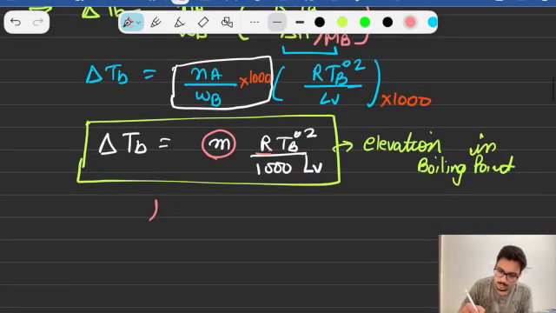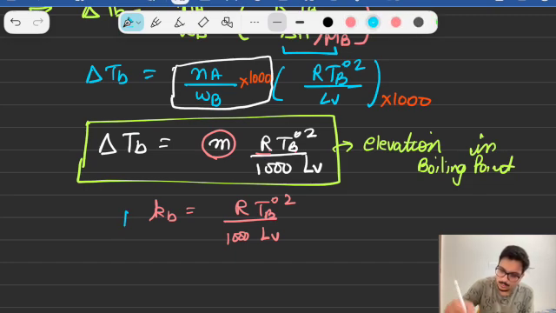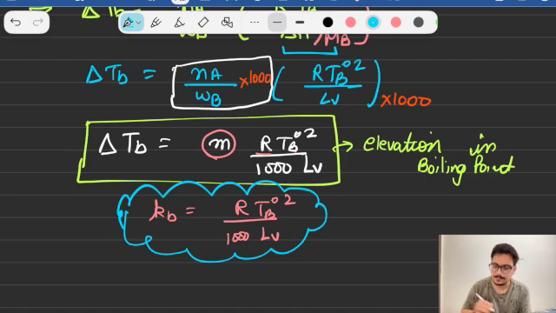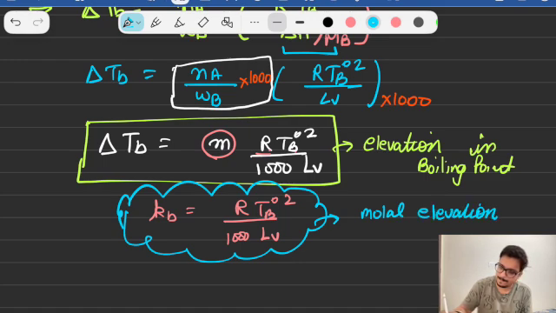So this whole constant can be written as Kb, which is equal to R T naught B square upon 1000 into Lv. This constant is called the ebullioscopic constant, or we can say the molal elevation constant.